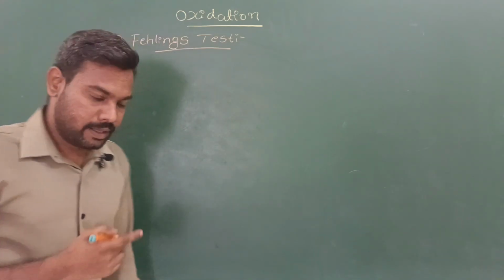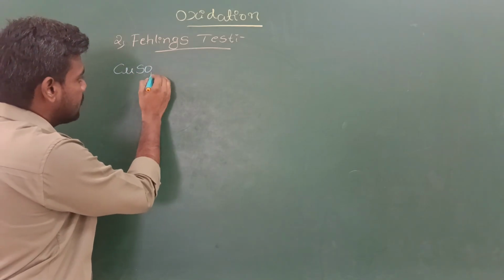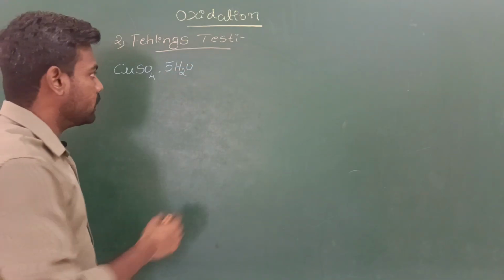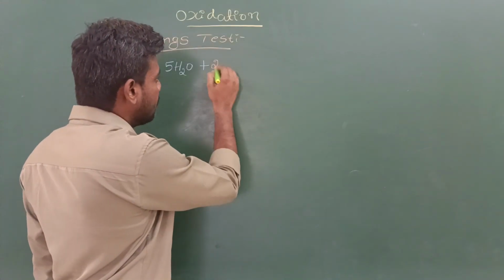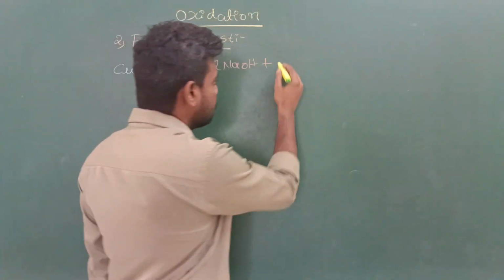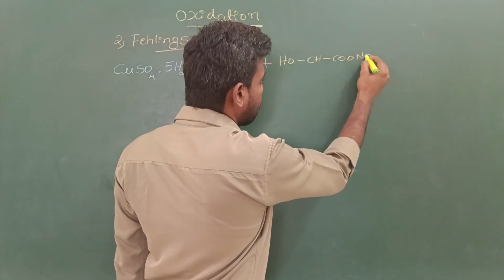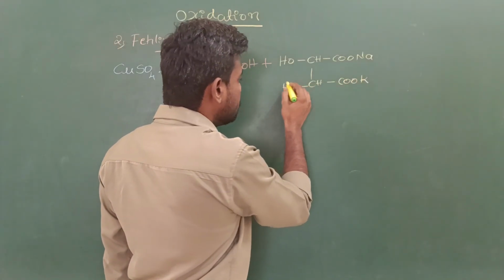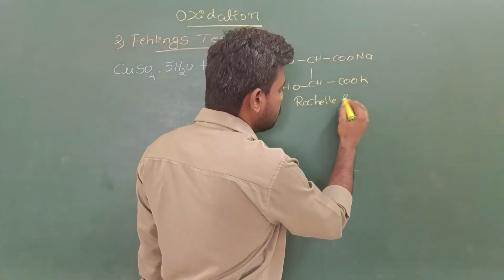Fehling's solution can be prepared by the mixture of Fehling solution A, that is aqueous copper sulfate, and Fehling solution B, that is alkaline sodium potassium tartrate, which is also known as Rochelle salt.